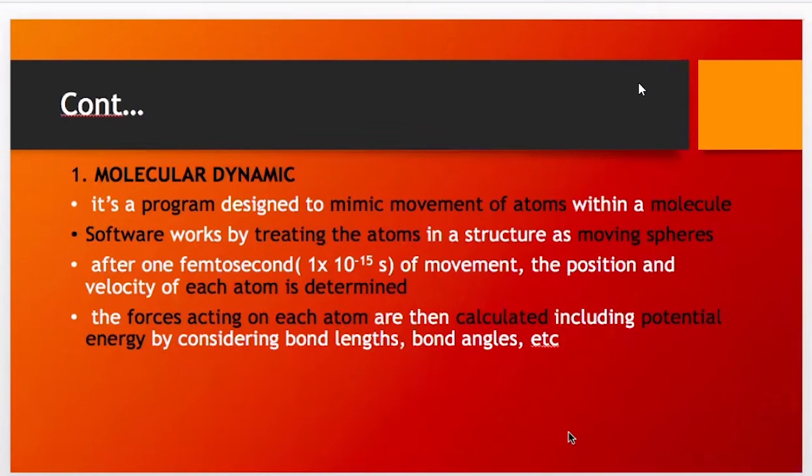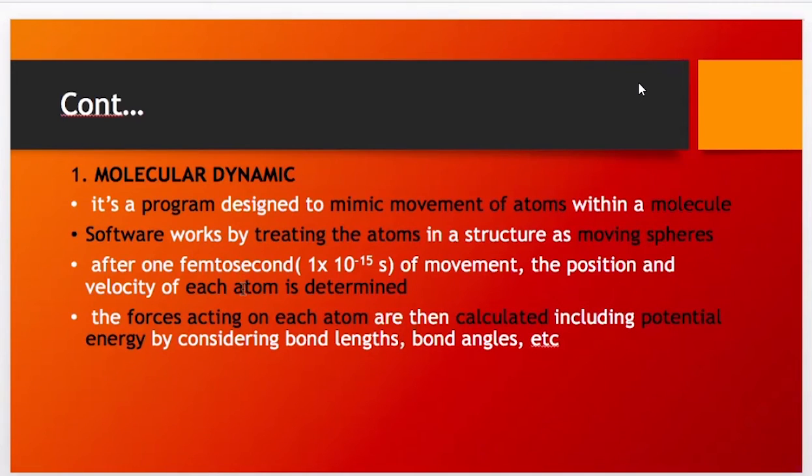So you have your benzene. Benzene has C bonded to another C, bonded to H, and so on. After we say that each atom is moving, your carbon atom is moving, your hydrogen atom is moving, after each of these atoms has moved for about a femtosecond, the position and the velocity of each atom is calculated.